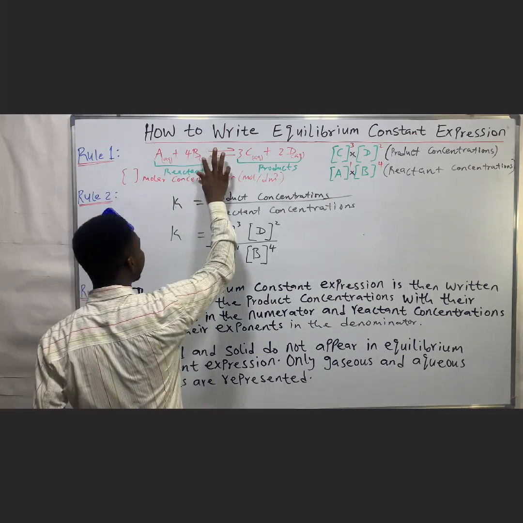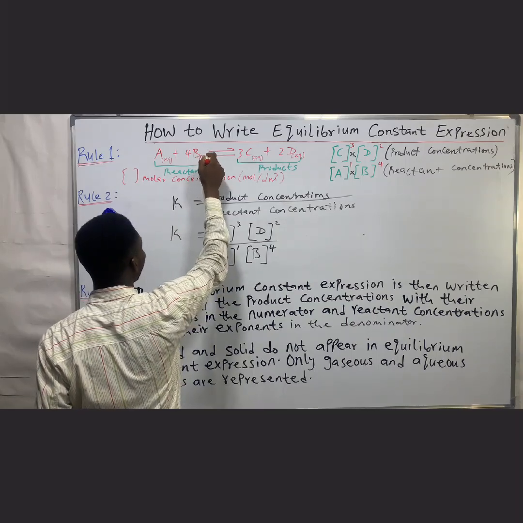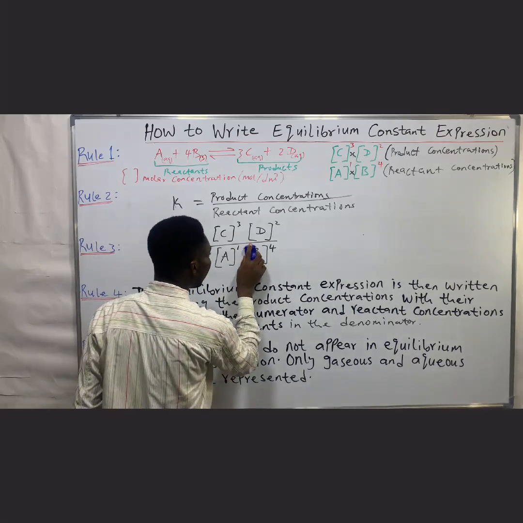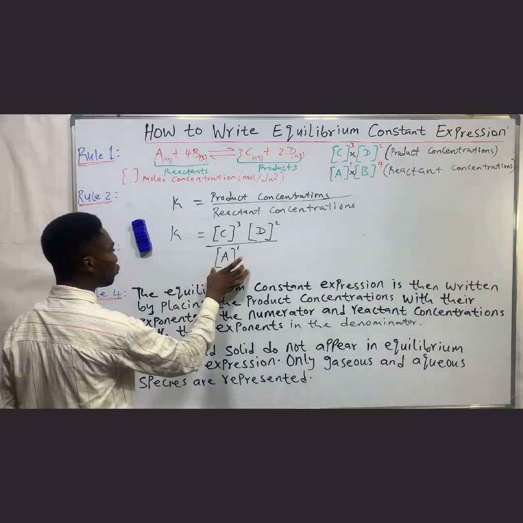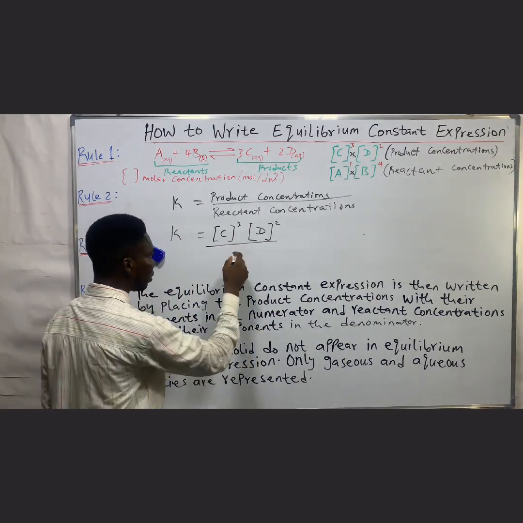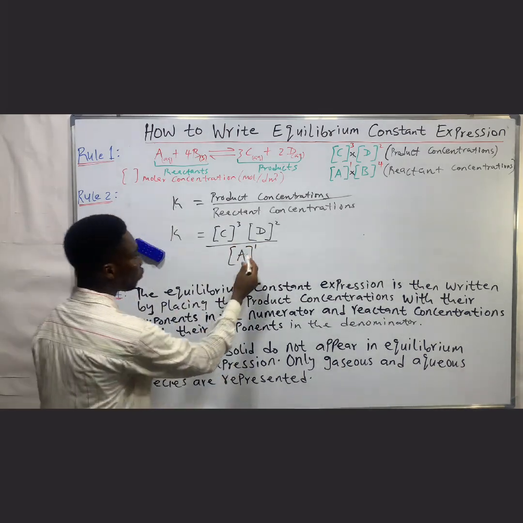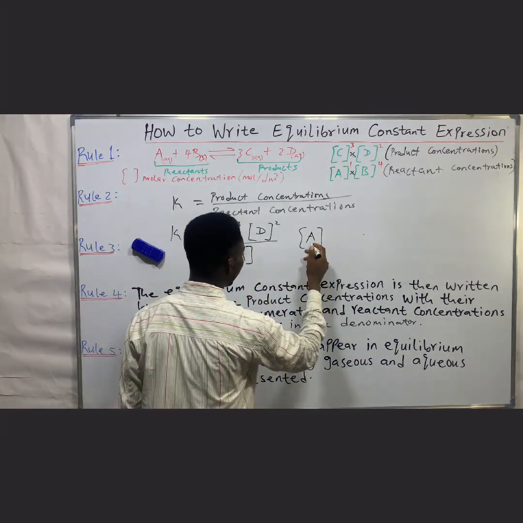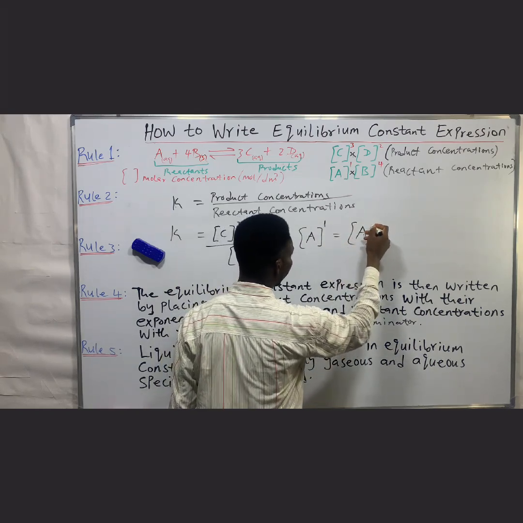Let's say B is a solid, no longer aqueous. It therefore means that the concentration of B will go. So we now have just A, and it's going to become like so. I can write the concentration of A like this, and it is the same as this.